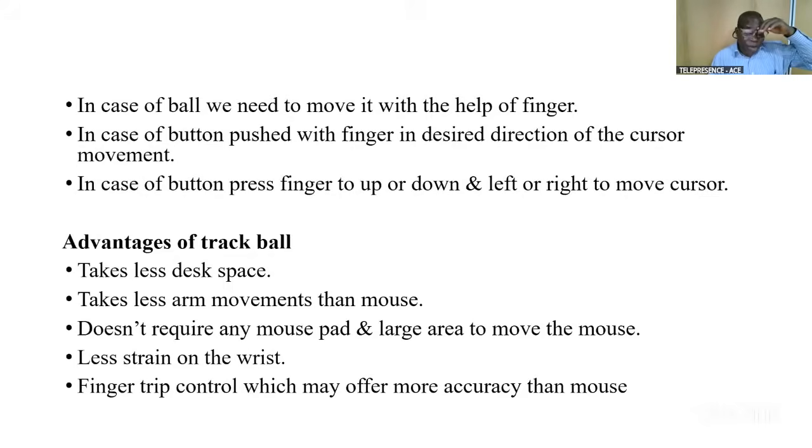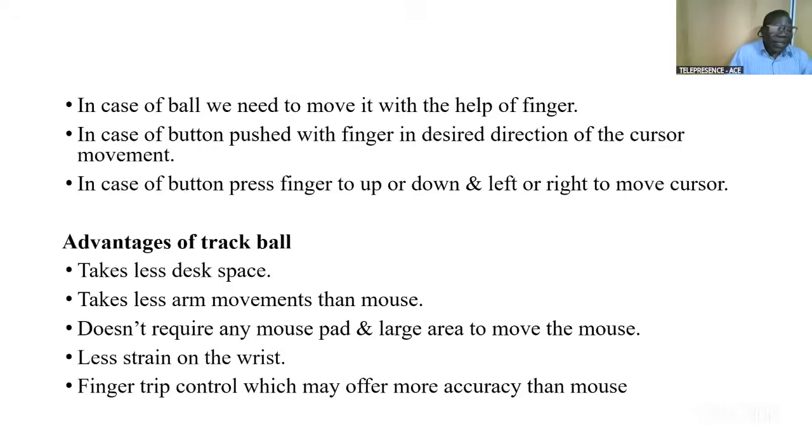Advantages of a trackball: it takes less desk space, takes less arm movement than a mouse, doesn't require any mouse pads or a large area to move, less strain on the wrist, and fingertip control, which may offer more accuracy than a mouse.